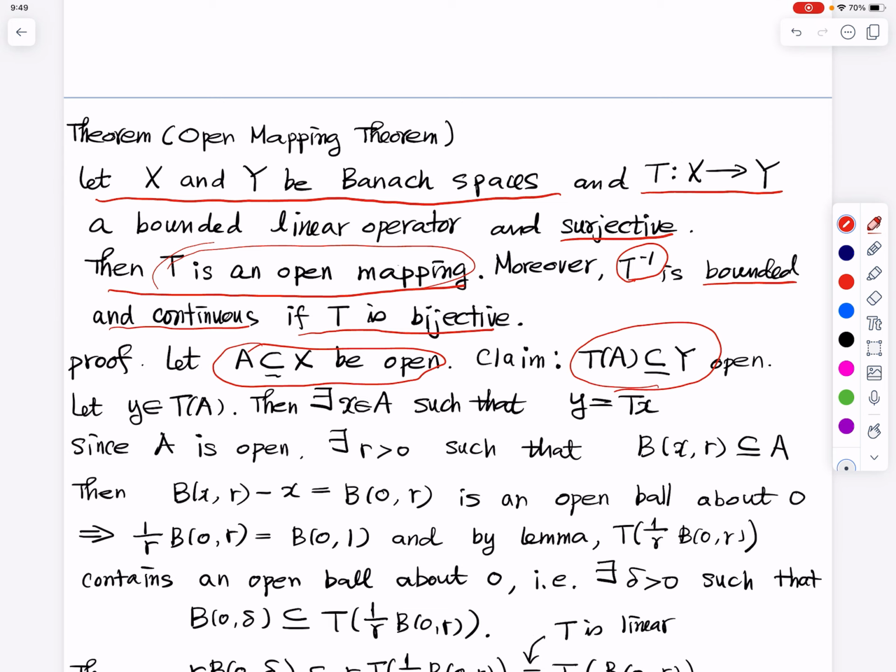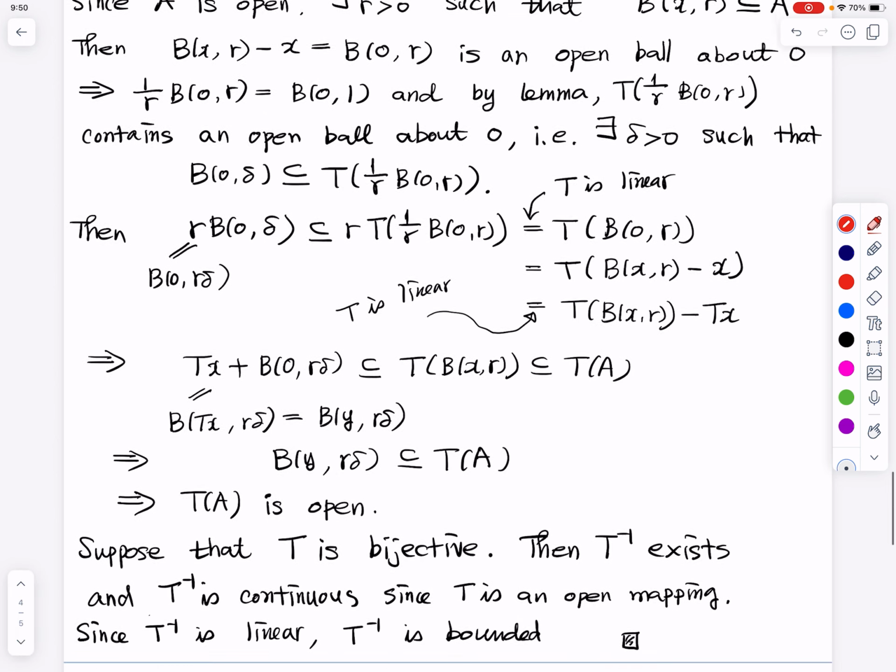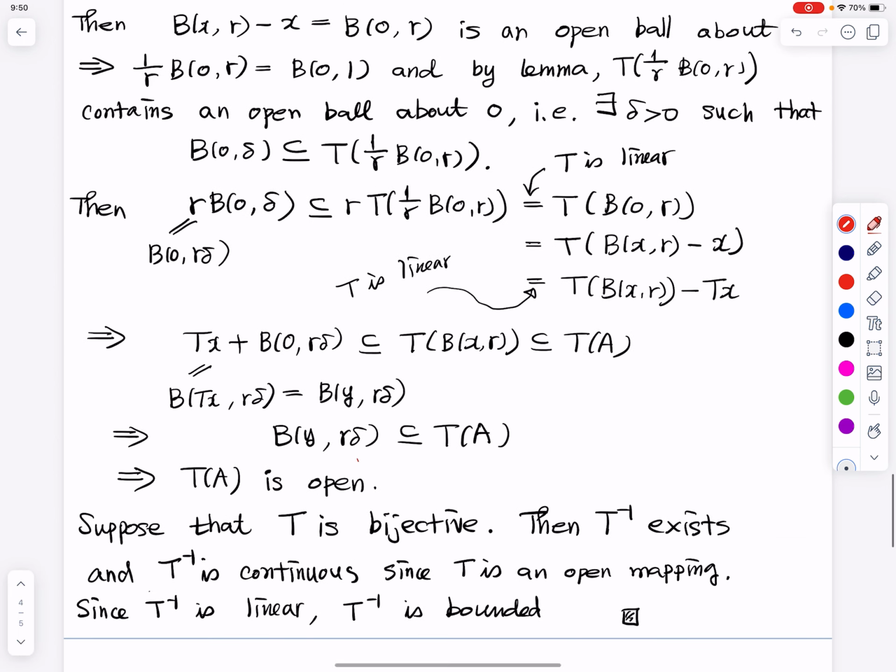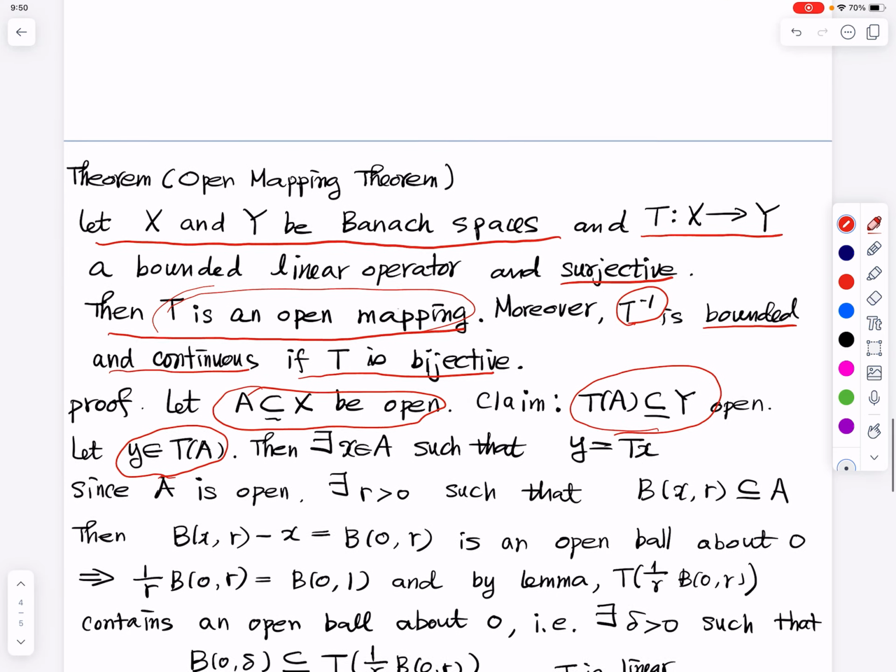In order to prove it is open, you take any element y in TA, and you have to find some open neighborhood, an open ball, around y. This is what we want to prove.